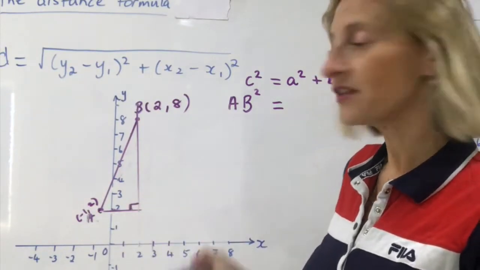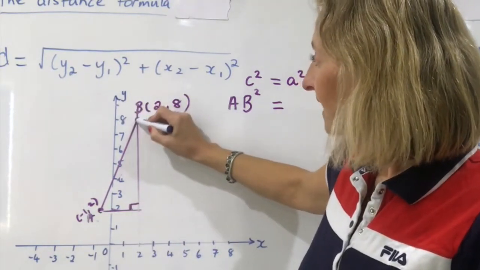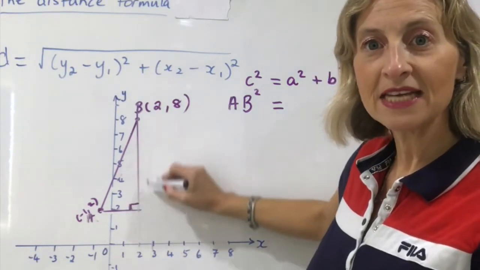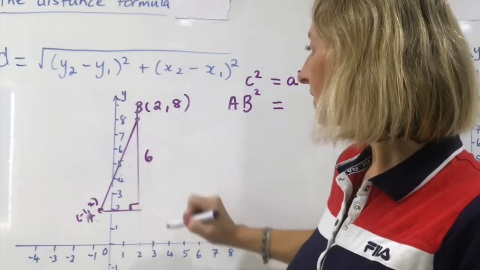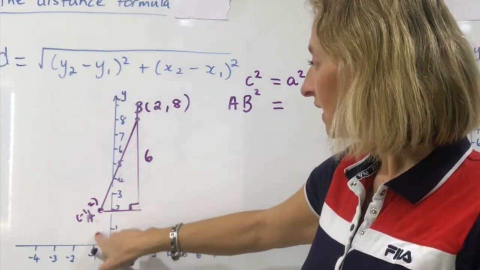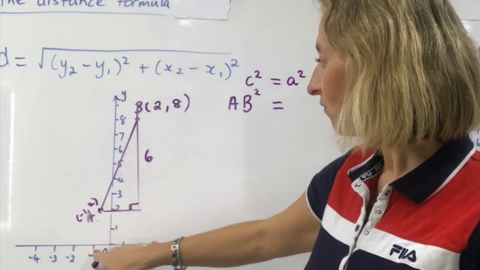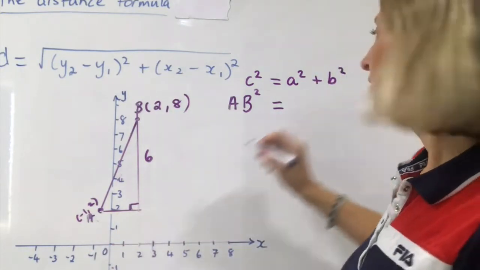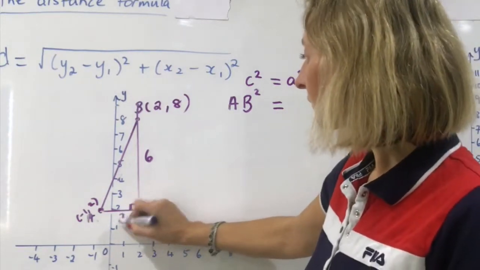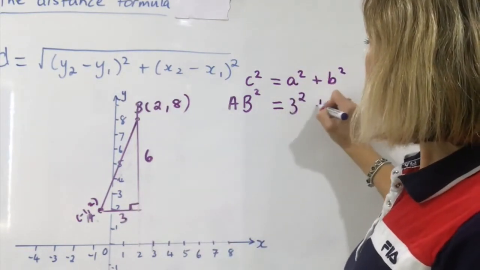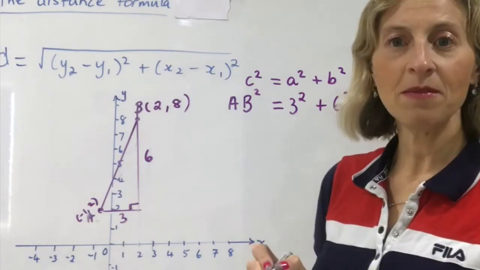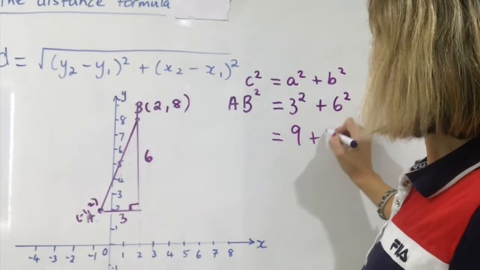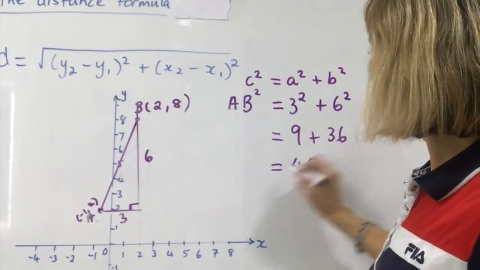And what are those lengths? This point here is at 8 and this point down here is at 2. So the distance between 8 and 2 will be 6. And the distance over here, this one's a bit tricky, it's going to be between -1 and 2. So the distance between -1 and 2 will be 3. So if we use Pythagoras, we would have AB squared equals 3 squared plus 6 squared, which is 9 plus 36, 45.